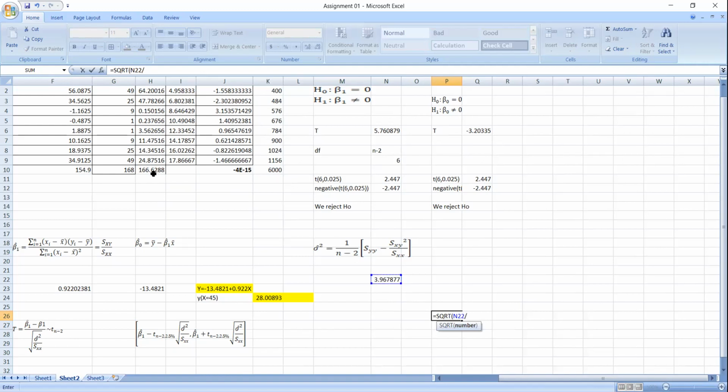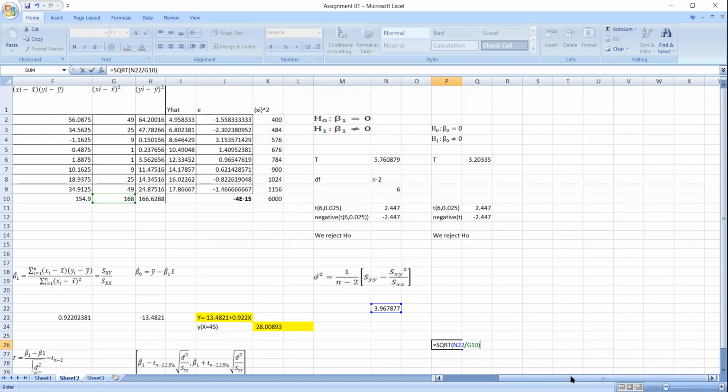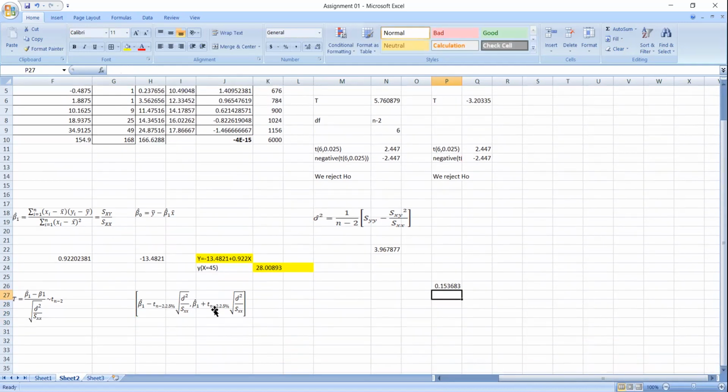So this is the sxx value, right? Then we can just find it. So here we get the value for square root of sigma squared hat divided by sxx. Now we can find out the confidence interval.